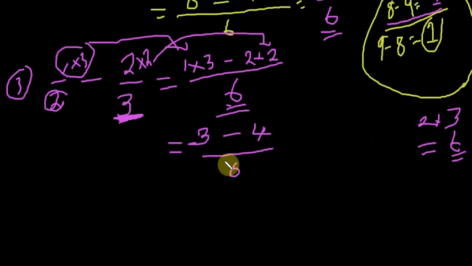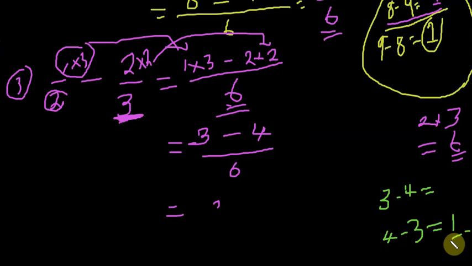Again, a smaller number subtracting a big number gives you a negative. Just remember that always. So 3 minus 4, what answer do we get? If we subtract 3 from 4, we get 1. Okay, what if we subtract 4 from 3?